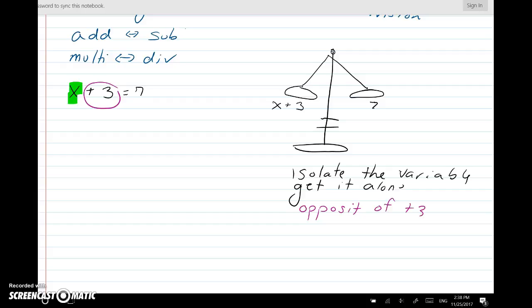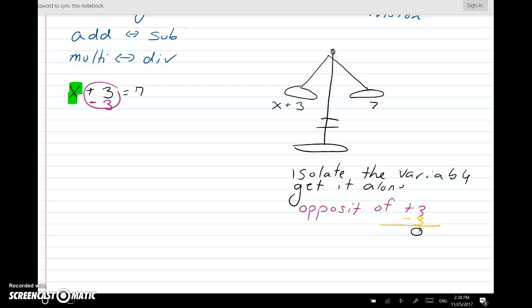Well, the opposite of positive 3 is negative 3. And positive 3 minus 3, or positive 3 plus negative 3, however you want to think about it, equals 0. And that's what we want to do. We want to get 0 next to that x, because anything plus 0 is, you've guessed it, itself. So, we're going to subtract 3.